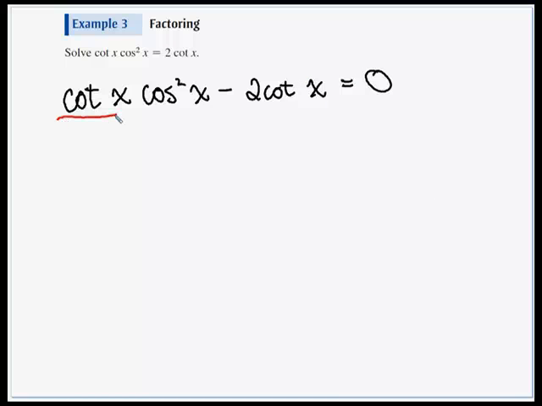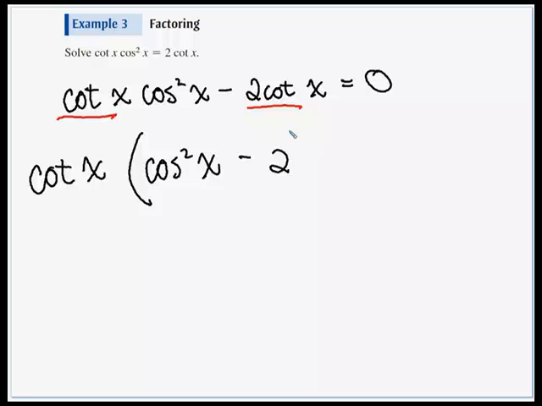And I see a cotan in each of these terms, so I'm going to pull that out front, and we will have the cotan of x times, on the left-hand side, cosecant squared of x minus 2, and that's equal to 0. And remember this algebraic technique: since we are multiplying two things and the product is 0, we can set each one separately equal to 0.